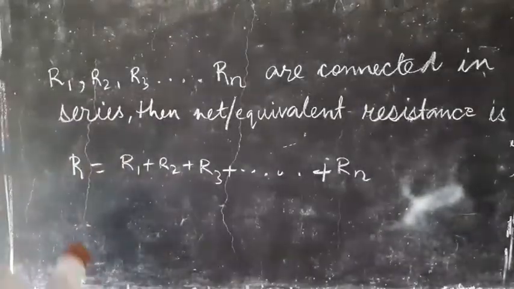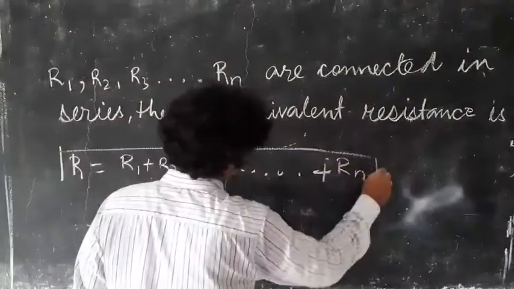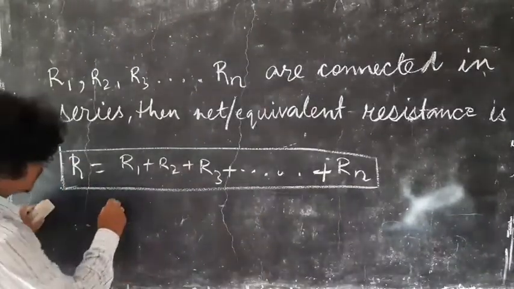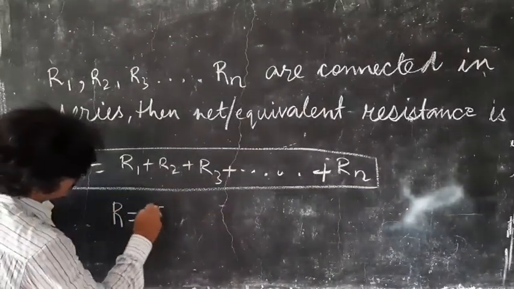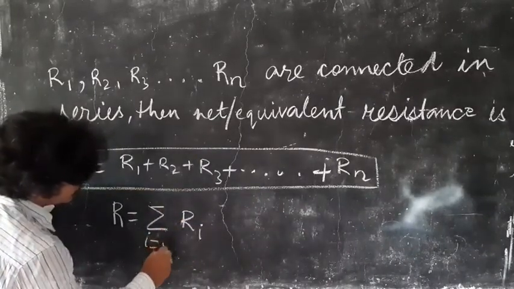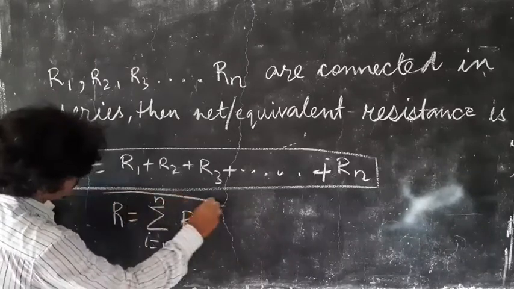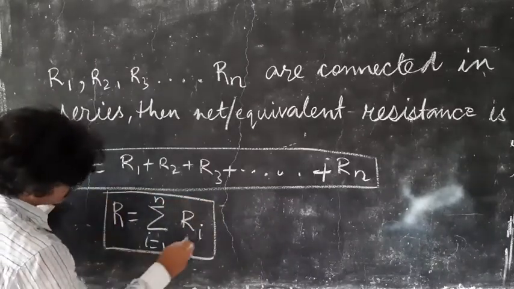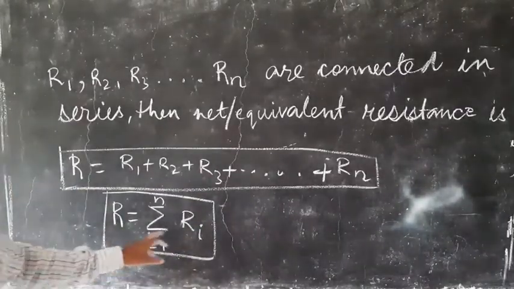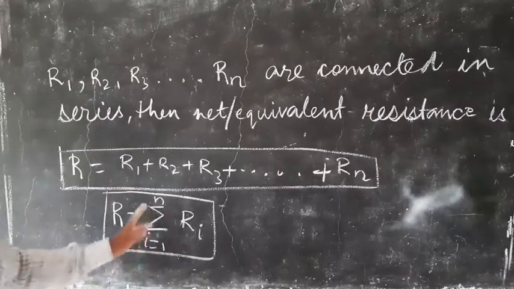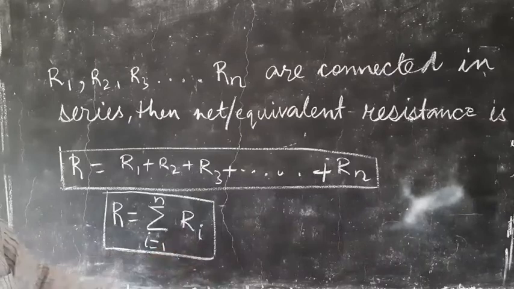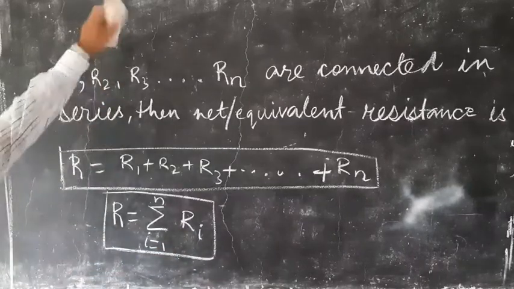This is the net resistance of the circuit when resistances are connected in series. Or in short, you can write R is equal to summation of Ri, where i varies from 1 to n.